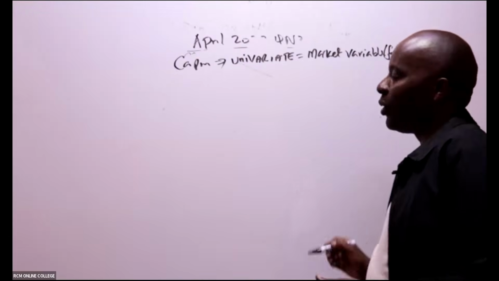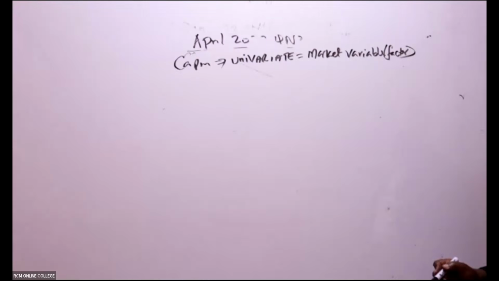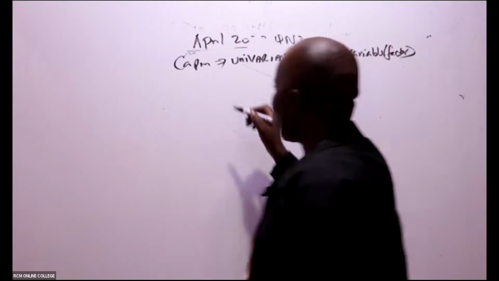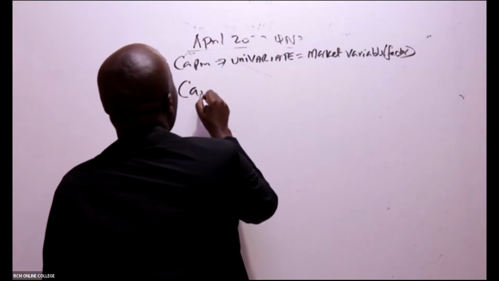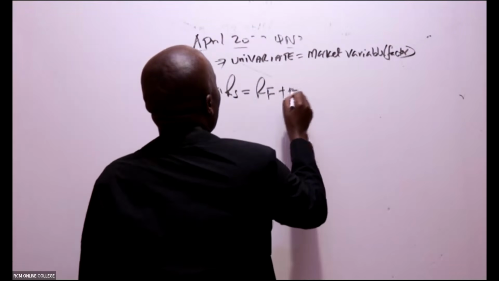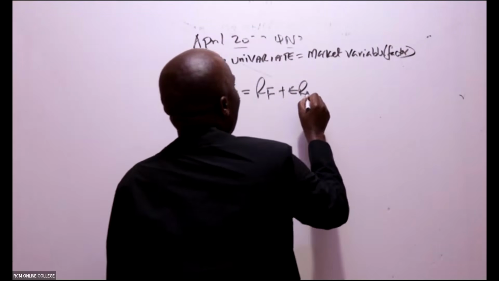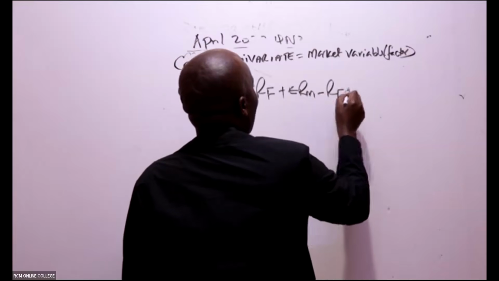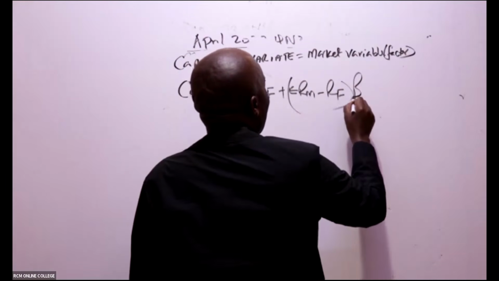That's why you normally say CAPM returns. CAPM returns equals risk-free plus ERM minus risk-free multiplied by beta of the security.